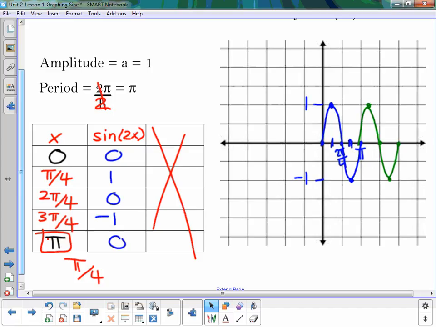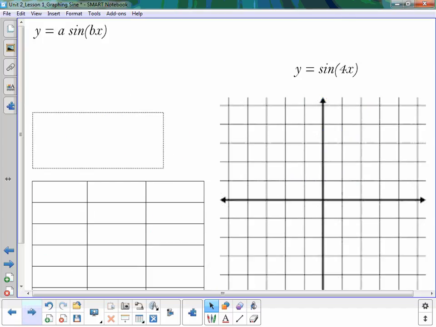The amplitude changes how high and low it goes. The period changes how spread out or compact the graph is. So give y equals sine of 4x a shot.